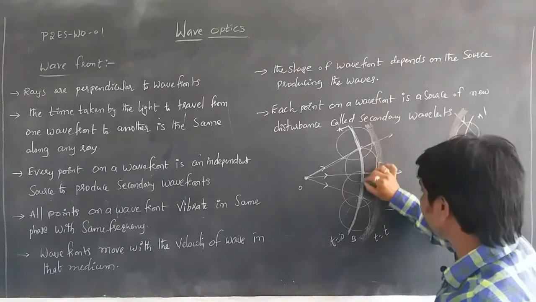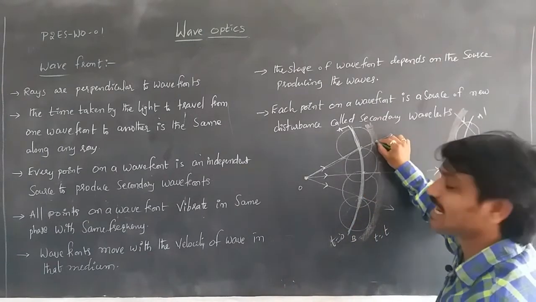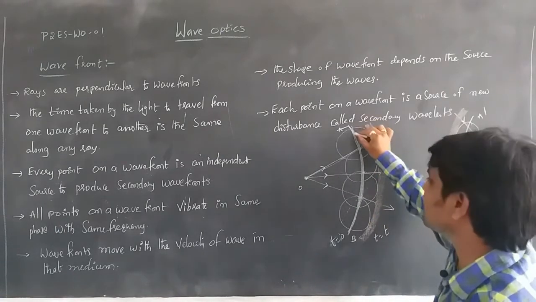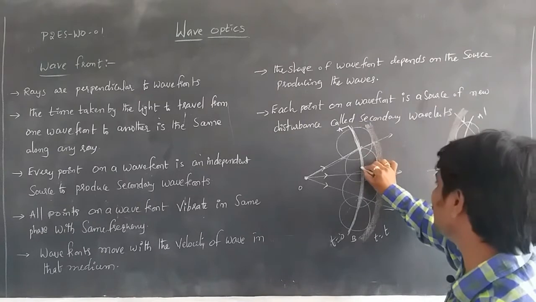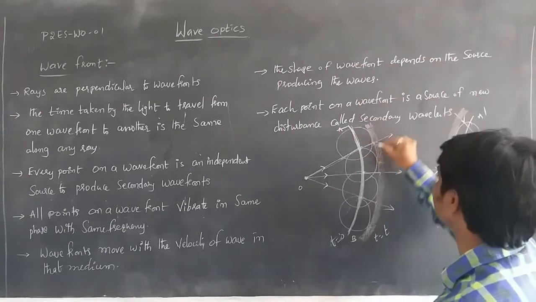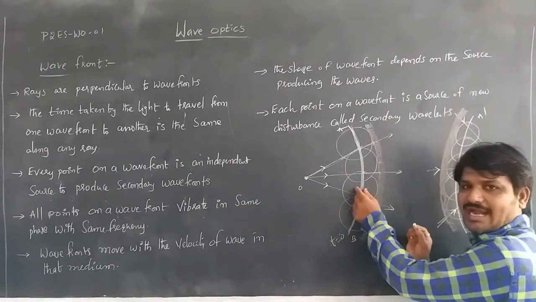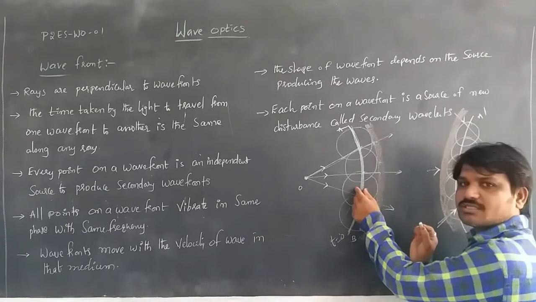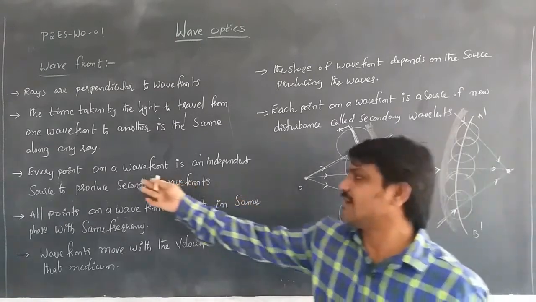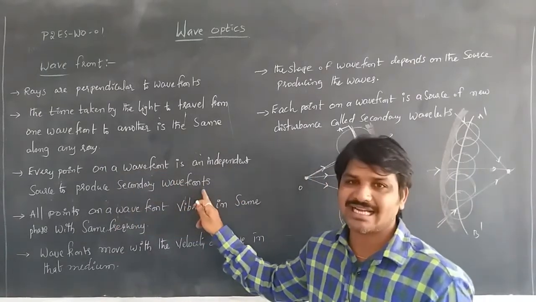This primary wavefront acts as a source for the second wavefront. So we can say that every point on a wavefront is an independent source to produce secondary wavefronts.